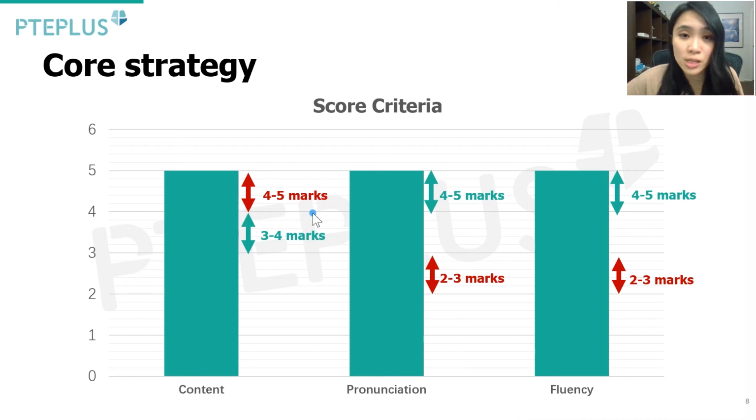But in that process of trying to pursue such detailed content, okay, you will find that with 25 seconds of preparation time and 40 seconds of speaking time, to achieve such detailed content, you will ultimately be sacrificing the other two criteria.